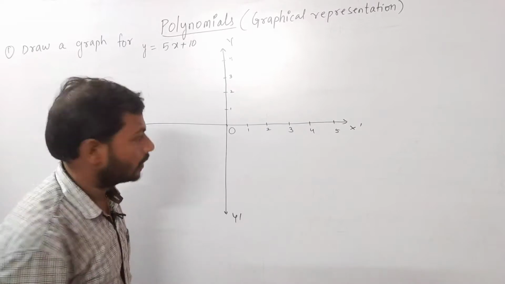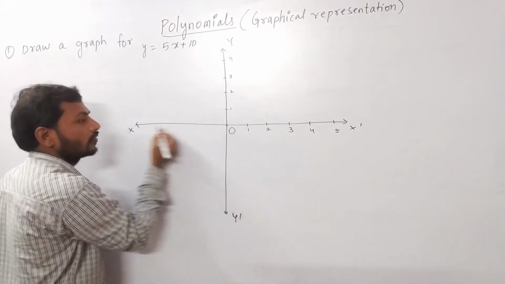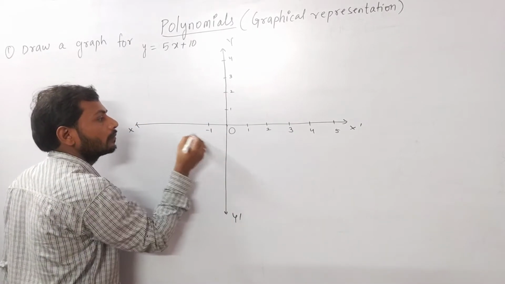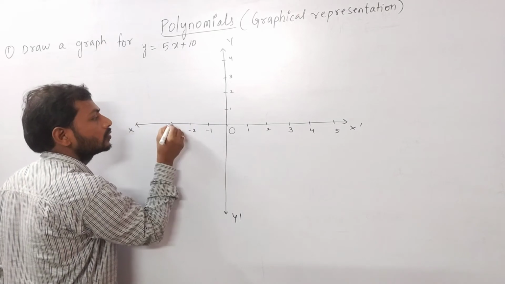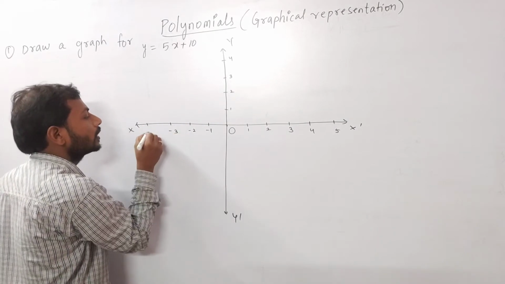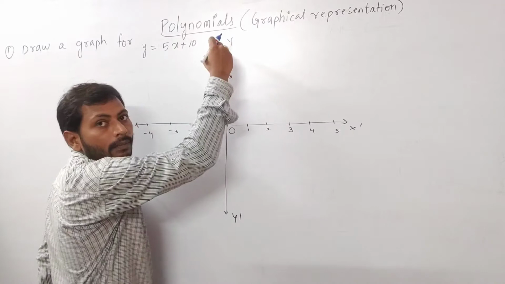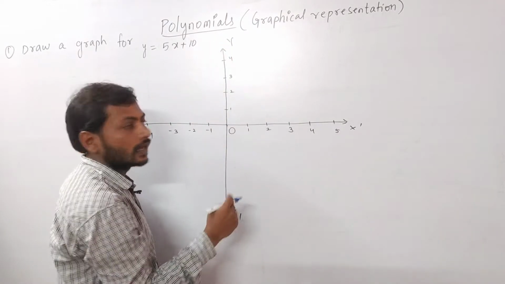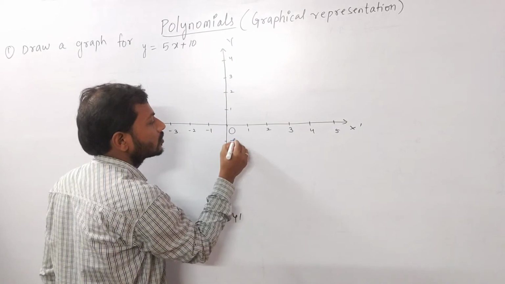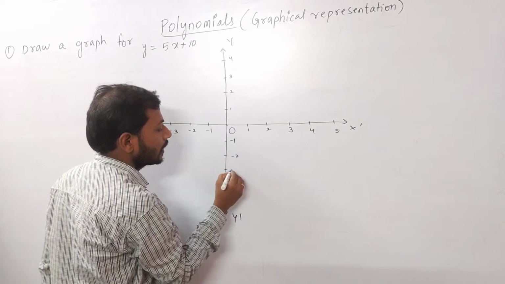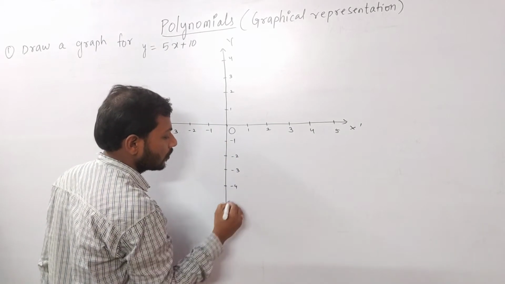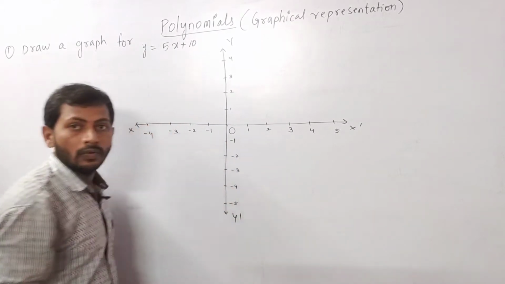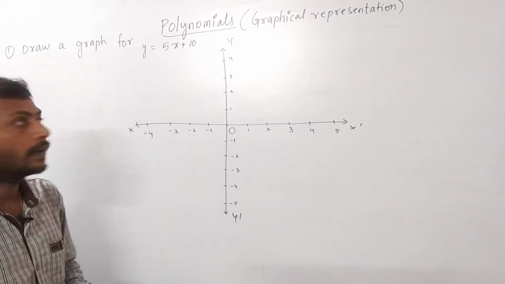On the left side I write -1, -2, -3, -4. The upside is the plus y-axis and the downside is the minus: -1, -2, -3, -4, -5. Now what is our duty?